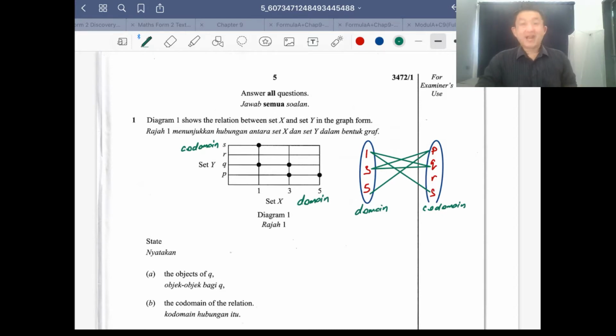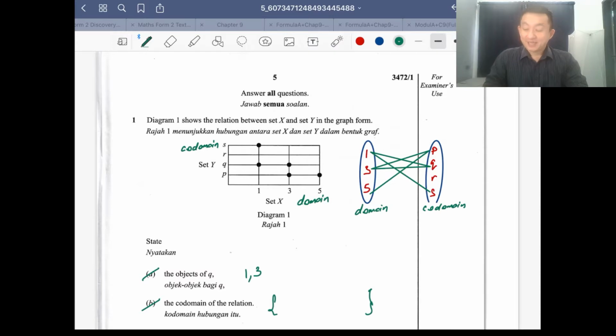So when you have an arrow diagram, it's very clear how you can find the objects for Q. You have a look, the objects of Q would be 1 and also 3. For domain and codomain of the relations, always remember to put a bracket.